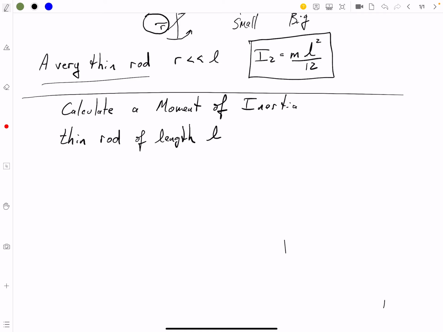So, I'm going to look at it from a complete side angle, and we can define our coordinates like this. We'll make that the Z direction.